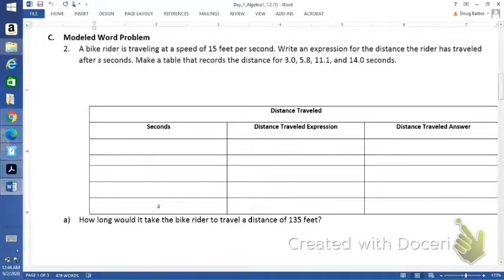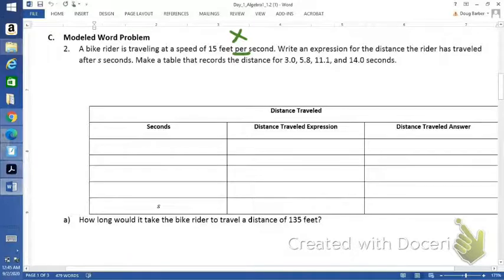Alright, our three-step process. First is to look for keywords that would indicate some sort of mathematical operation. So I see 15 feet per second. So this per is going to indicate multiplication taking place. Now, I got to define my variable.